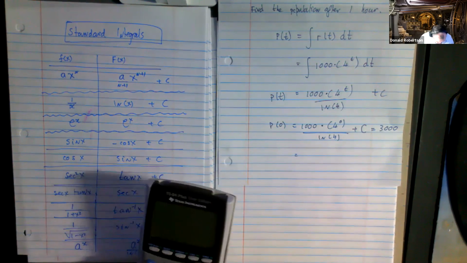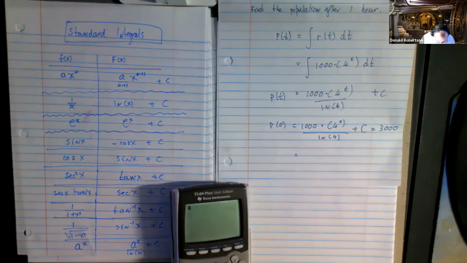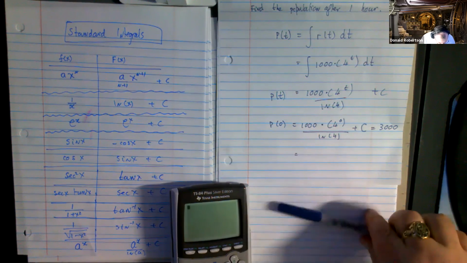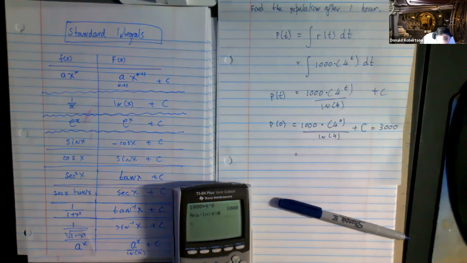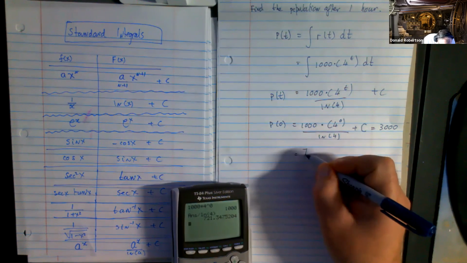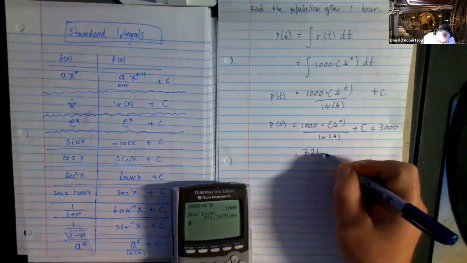So on my calculator, because there's no way I'm going to make that pretty, it's going to be 1000 times 4 to the power of 0. That's the top bit. Divided by the natural log of 4, that's the bottom bit. And I am looking at 721.3.